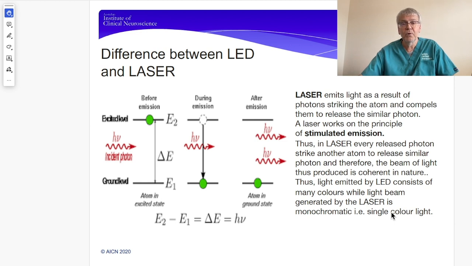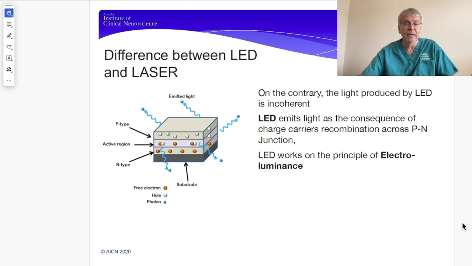Now, I'm going to show you another picture here that shows an LED. The LED is incoherent. It makes light that is emitted as a consequence of charge carriers recombining across a P and N layer.